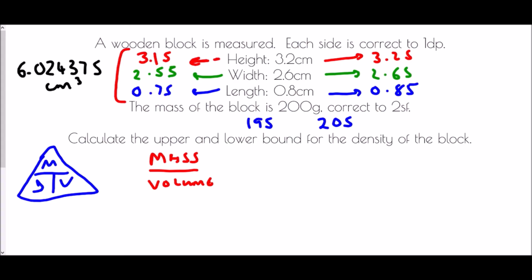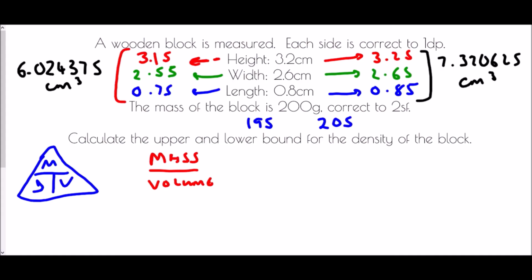The largest possible, well, that's going to come from multiplying the upper bounds all together. So 3.25 times 2.65 times 0.85, and that is 7.32065 centimetres cubed.